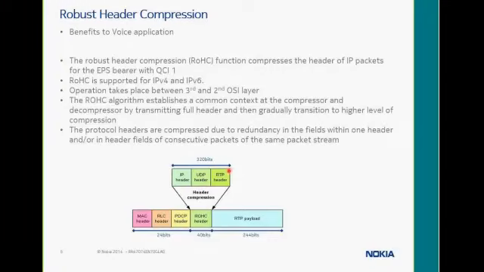Now, the example we're showing in this picture here is an IP version 4. We do support IP version 6, but the idea is to be able to compress those 320 bits of header, IP, UDP, and RTP, into 40 bits of actual transmitted data.